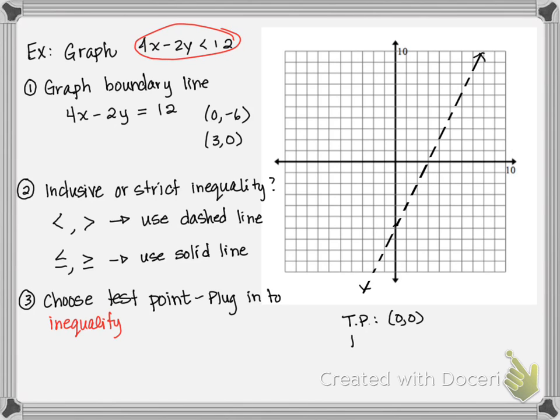So we have 4 times 0 minus 2 times 0 is less than 12, which gives us 0 is less than 12. Is that true? Yes, 0 is less than 12, which means that 0, 0 is a solution.